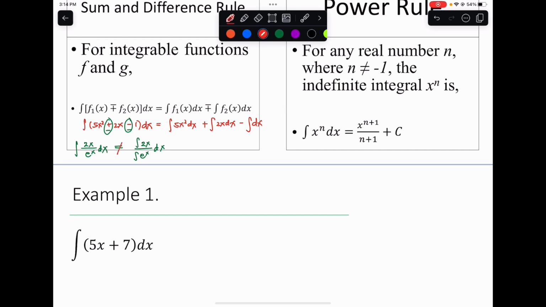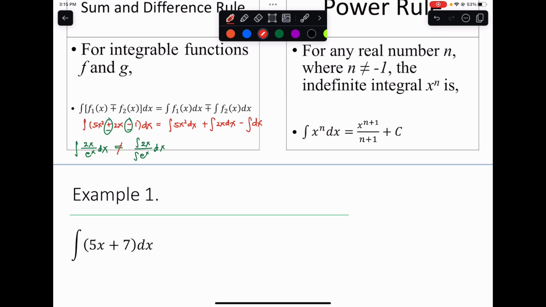No, it's not. It's a division of an algebraic function by the exponential function e raised to x. We cannot simply distribute the integral symbol on the numerator and the denominator. That doesn't follow. We don't have such a rule.